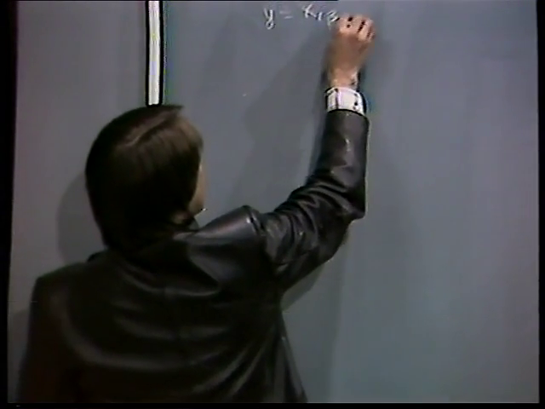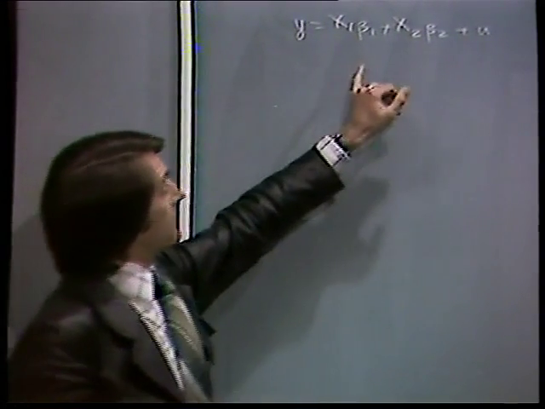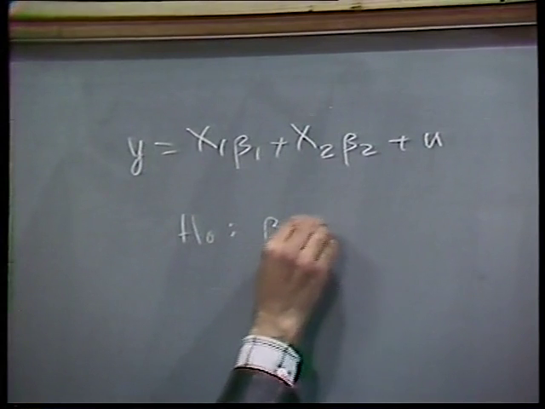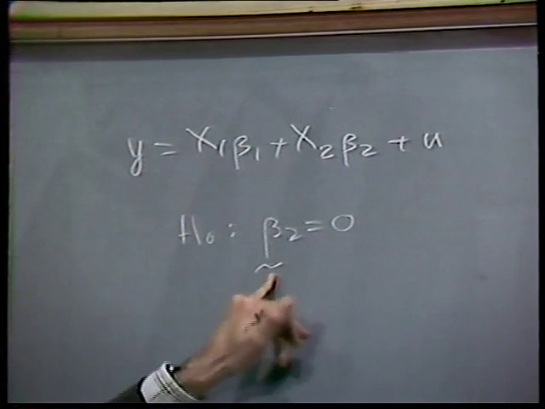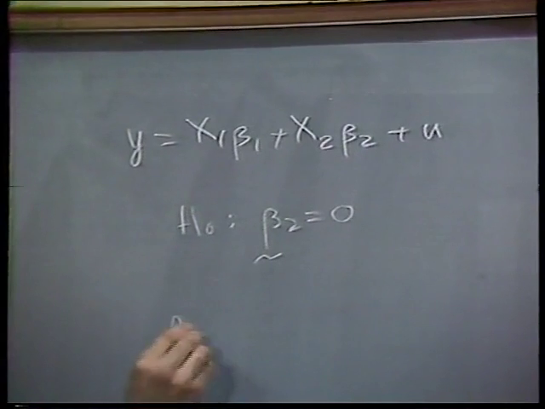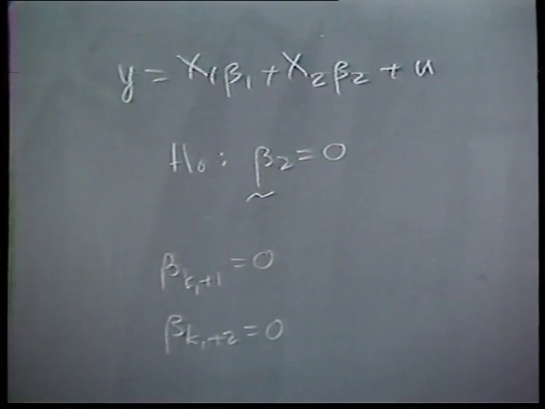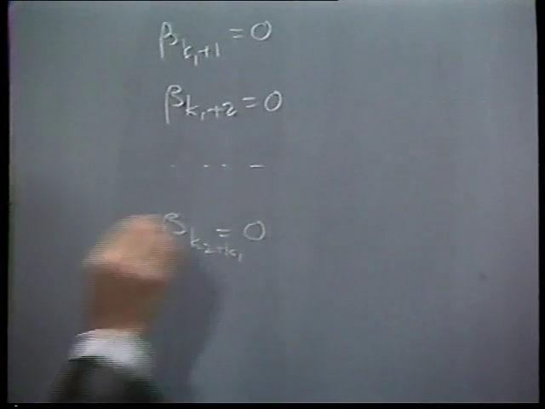And if we return to the usual example of the linear regression model, where we partitioned the regressors into x1 and x2 and consider the null hypothesis beta 2 equals 0, I ought at this stage to emphasize that beta 2 is in fact a vector of k2 coefficients, so that this hypothesis is a composite hypothesis in the sense that it embodies the hypotheses beta k1 plus 1 is 0, beta k1 plus 2 is 0, and so on down to beta k2 plus k1 is equal to 0.